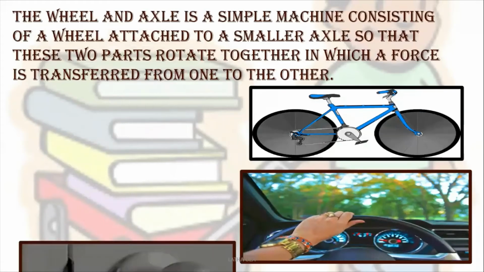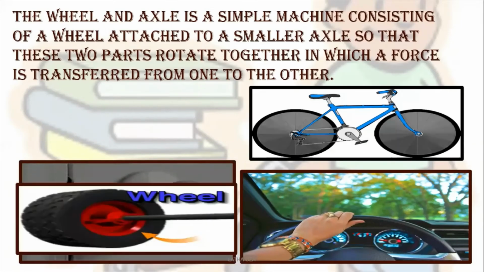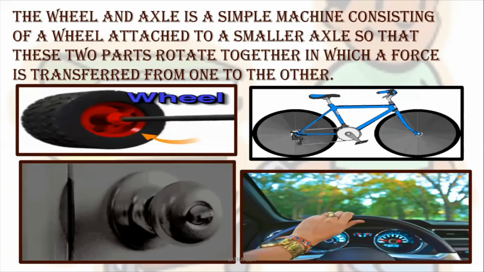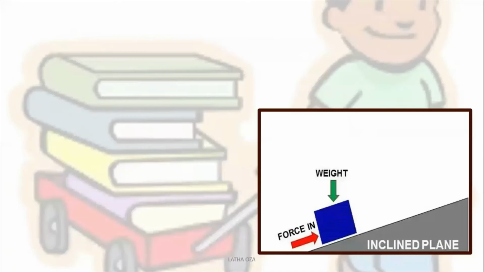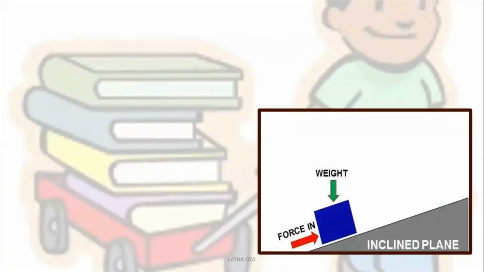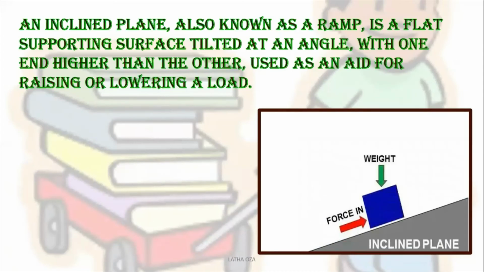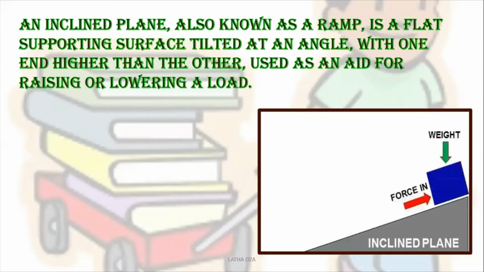A steering wheel and a door knob are examples of wheel and axle. When one rotates the wheel, the axle also rotates. Inclined plane is a tilted surface or a slope used to move heavy load with less effort.